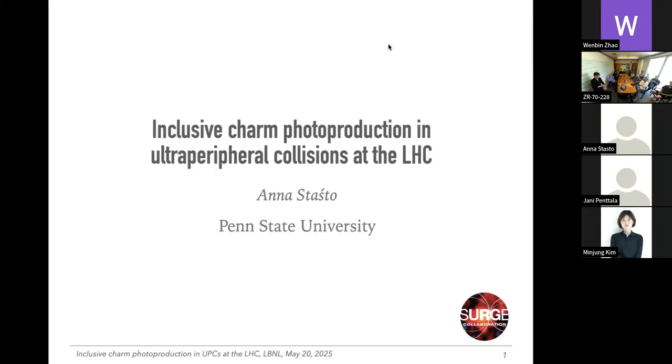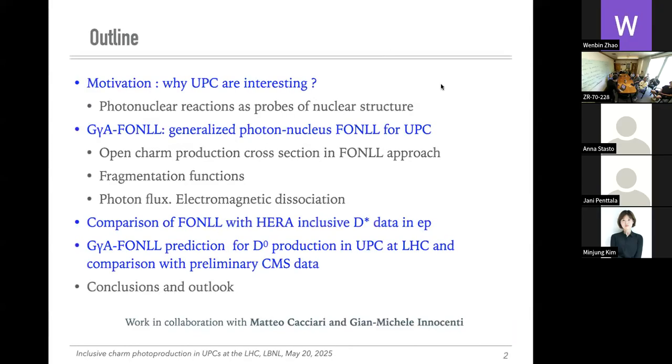I will talk about the inclusive charm photoproduction in ultraperipheral collisions at the LHC. First, some brief motivation for why UPCs are interesting, and they are very good probes of nuclear structure.